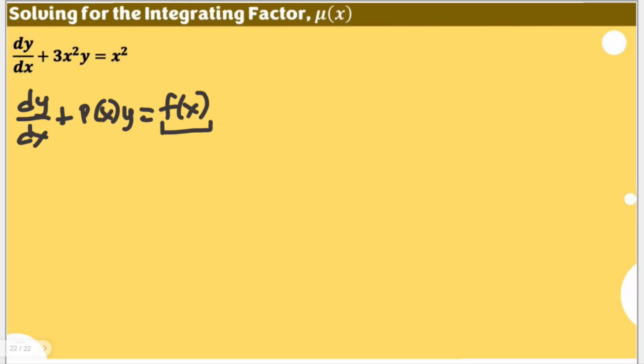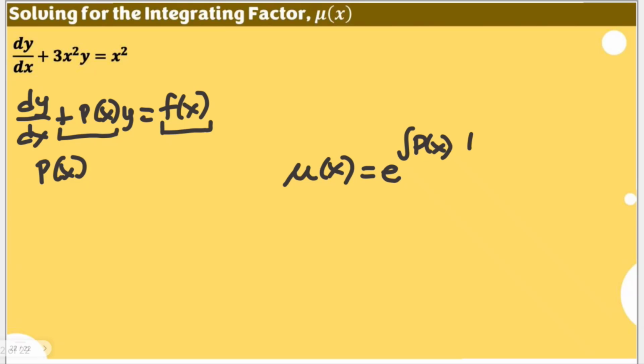And we can also identify a certain function paired with y to the power of 1 as our p of x. These two are very important, or this standard form is very important, because we will be using the concept of p of x as we are going to look for our integrating factor, which is mu of x, given with this formula: e to the power of the integral of p of x dx.